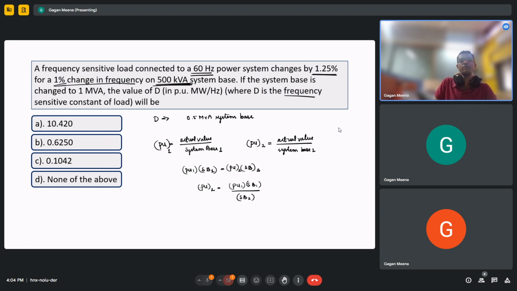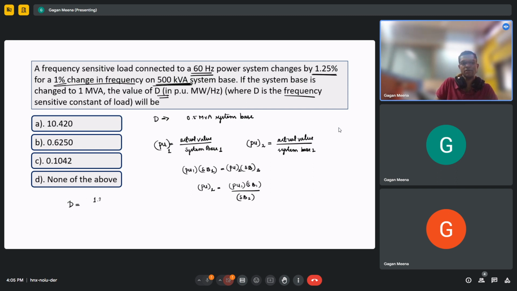So finally we have to find the value of D in per unit megawatt per hertz on system base 2. For that we need to find what is the value on system base 1. So here D is given as a 1.25% change in load for a 1% change in frequency.